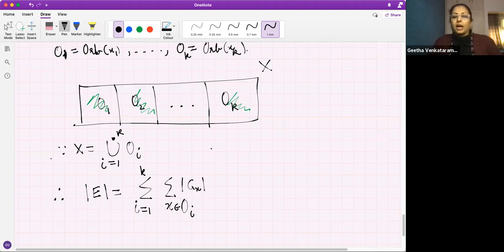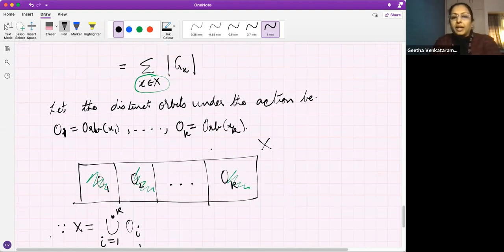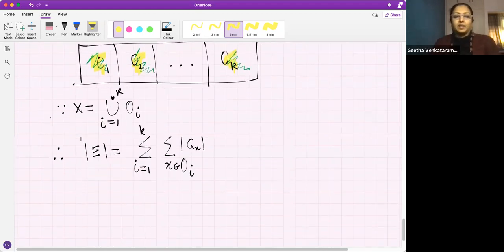Okay? So I have now broken down this summation that I had here as summing over this, and then this. And I end up with this particular summation. Okay. So now the question is, how does this help us?